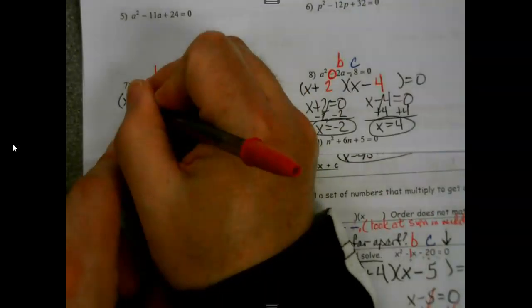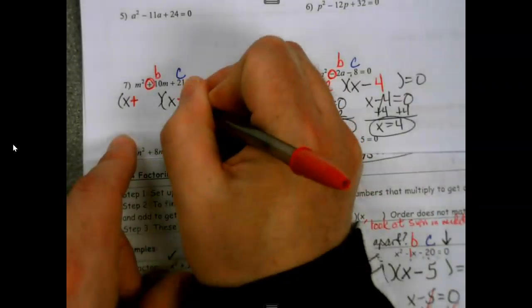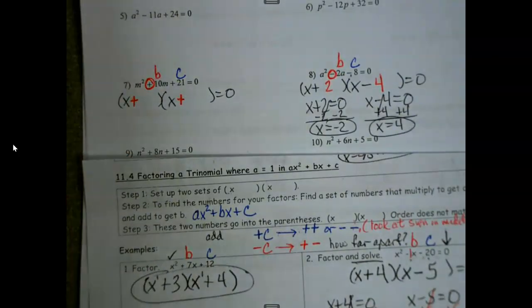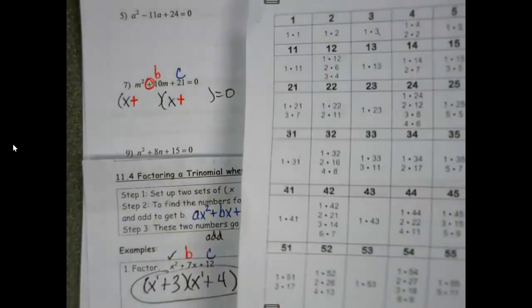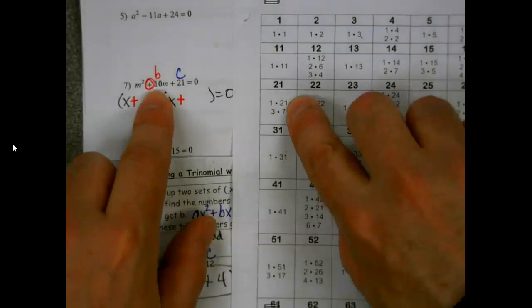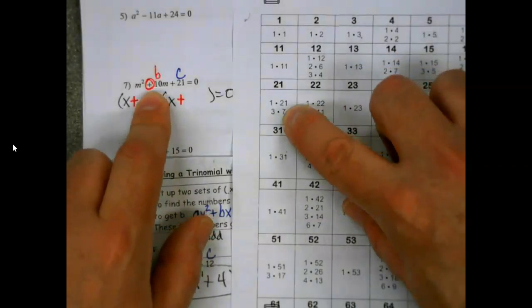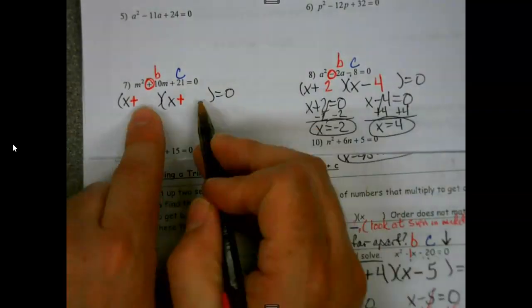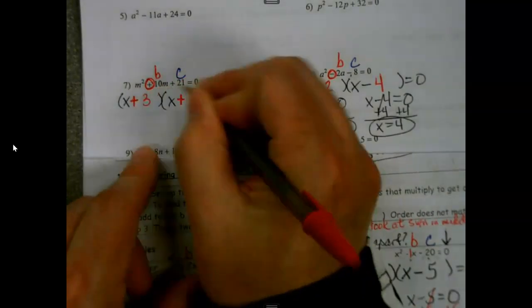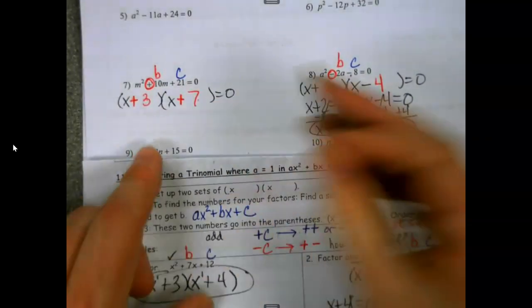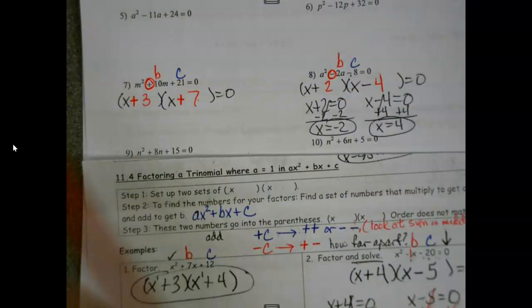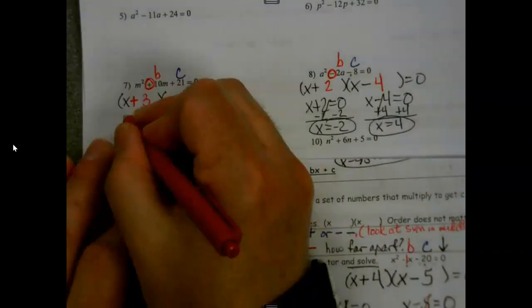So these are both going to be plus. And 21, I need to get to 10. 1 and 21 is not getting me to 10. 3 and 7 can get me to 10. Does it matter where I put them? They're both the same sign, so no, it doesn't. You could have 7 here and 3 here. It wouldn't make any difference at all, because I'm going to have the same values.